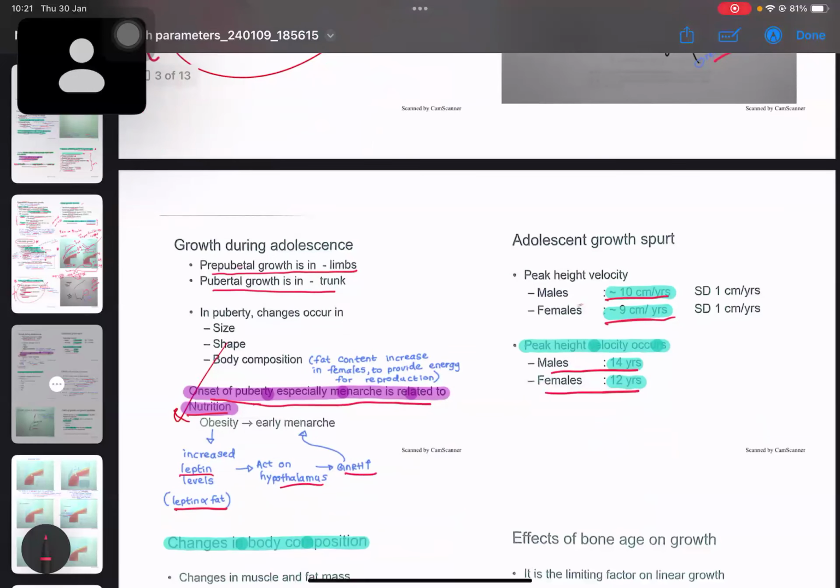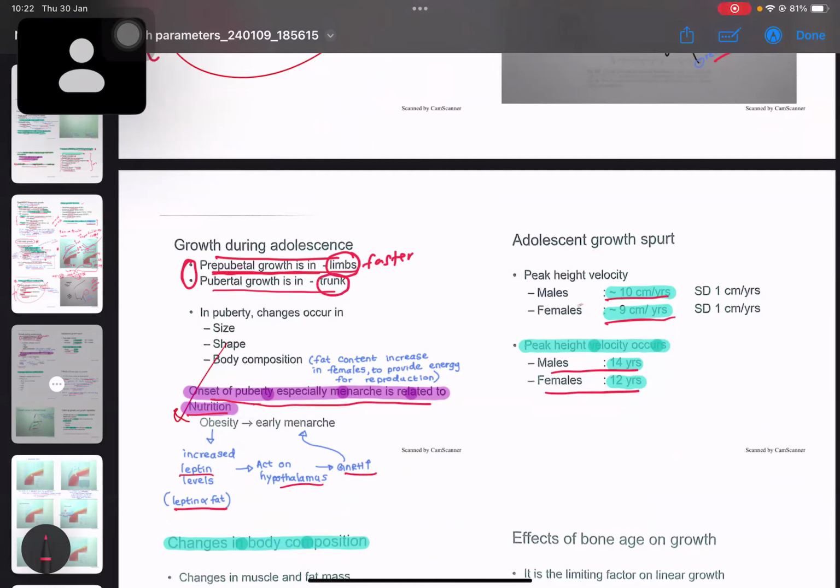Growth during adolescence. Okay. This is an important MCQ point. That means the pre-pubertal growth. Pre-pubertal means before puberty, our limbs will grow faster than our trunk. Which is the trunk? Which is the limb?